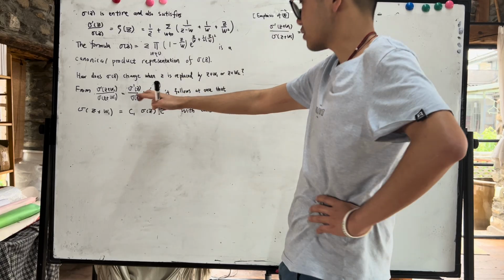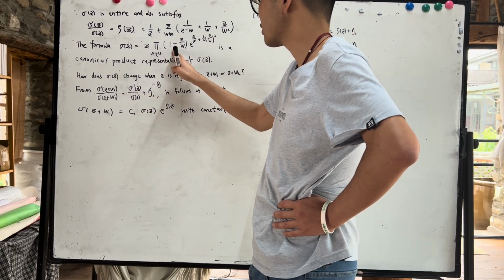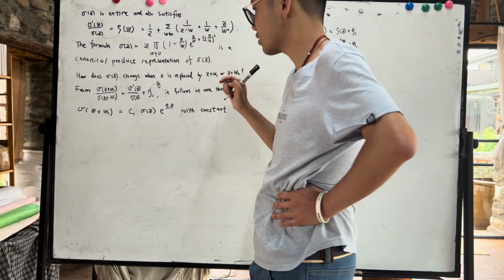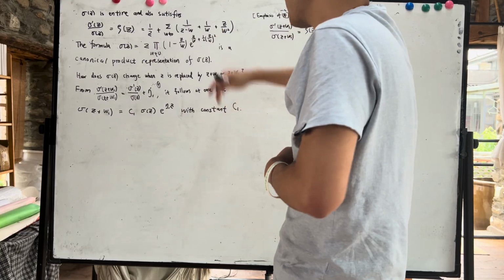Away from the lattice points, sigma of z plus omega 1 is always non-zero, so I don't need to worry about multiplying by 0 on both sides and messing things up.